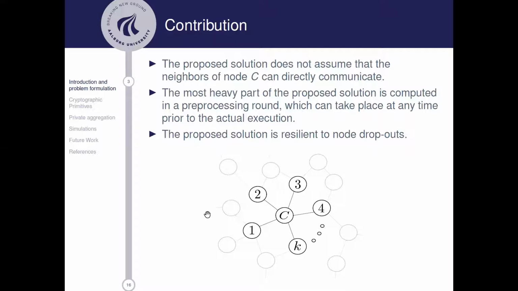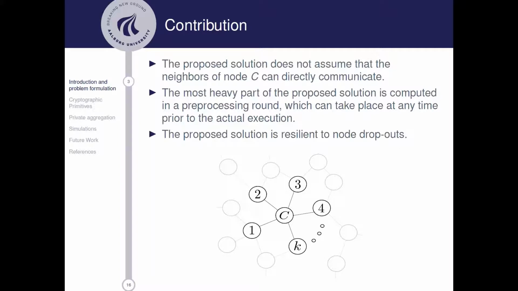Also, we have managed to put the heaviest part of the proposed solution into a preprocessing phase, which can take place at any time prior to the actual execution. That means at the time when node C would like to compute the aggregate, its neighbors only need to send one message to node C.